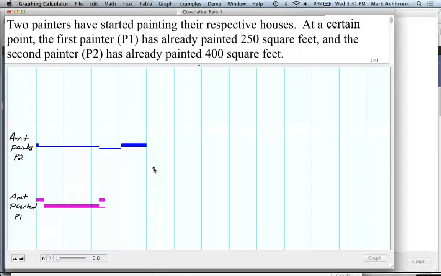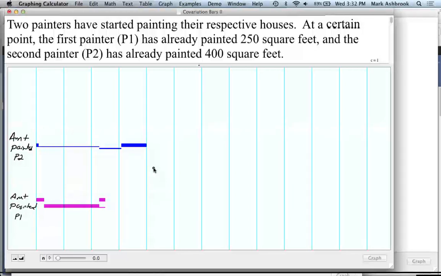Is there any other clue that indicates that what we've said is correct, Stephen? It looks like each green line represents 100 square feet. Would that be consistent with the information given? Okay, yeah. So each of these vertical lines is 100 square feet. So painter 1 is up to 250. Painter 2 is up to 400.